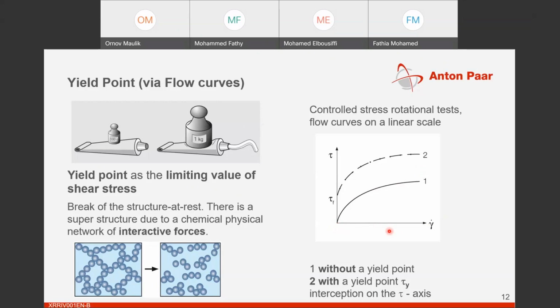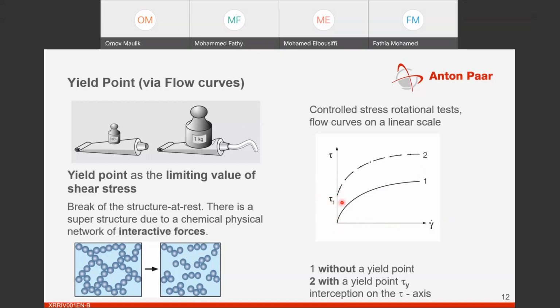Although there are a few viscoelastic fluids, or most of the viscoelastic fluids, whose curve does not start from the origin itself. Those types of fluids do possess some yield stress or some yield point. Now, that yield point is given by the intercept of the curve.